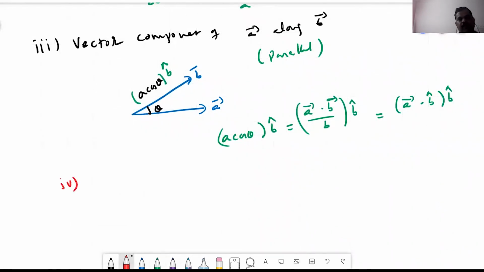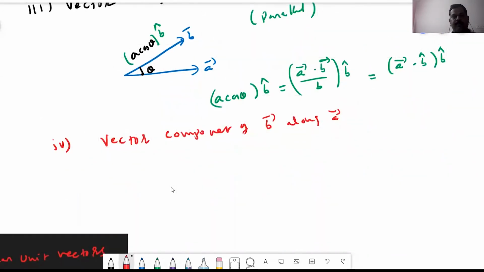So the vector component of A bar along B bar, or parallel to B bar. Similarly, let me find out the next one, that is the vector component of B bar along A bar. So what do we do? Same procedure.